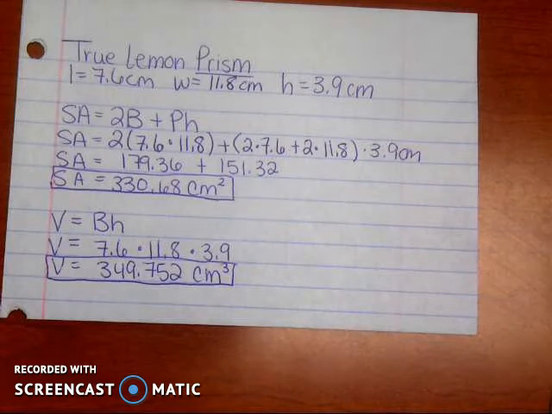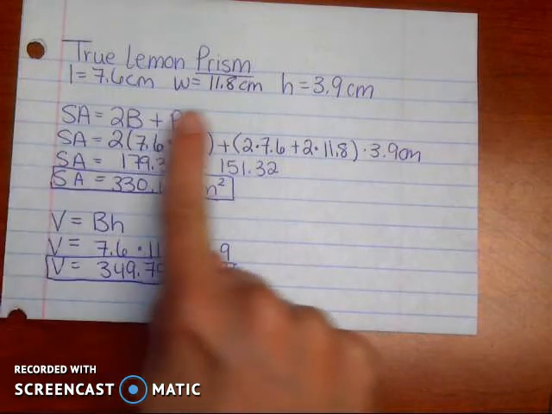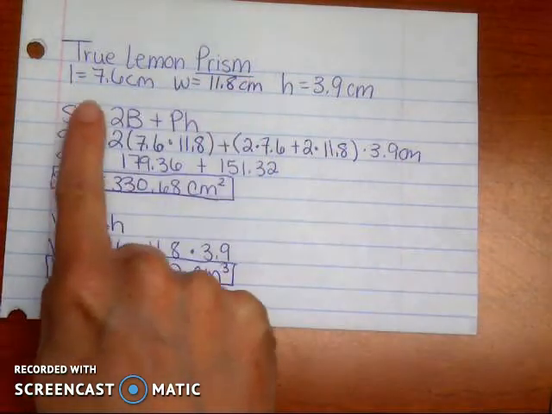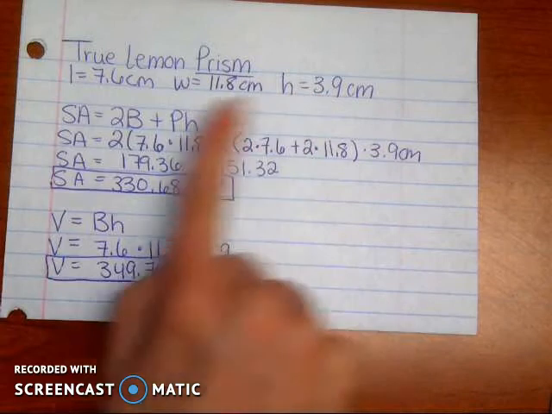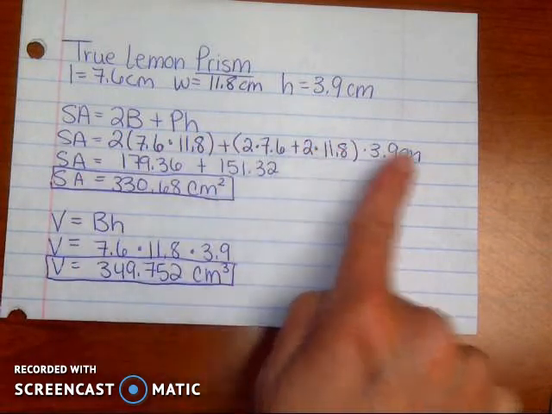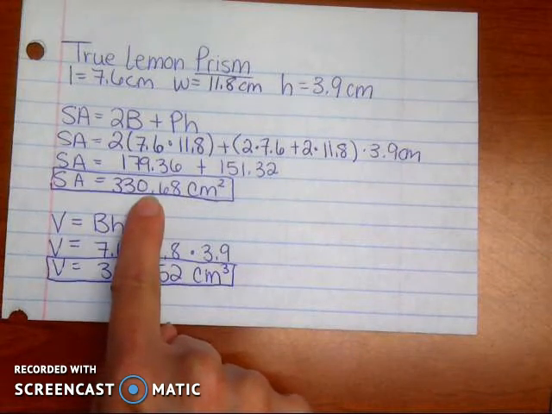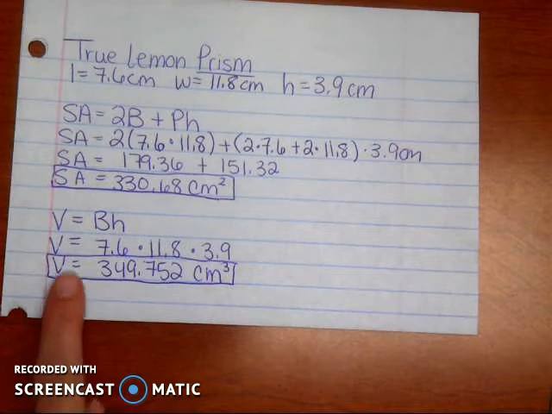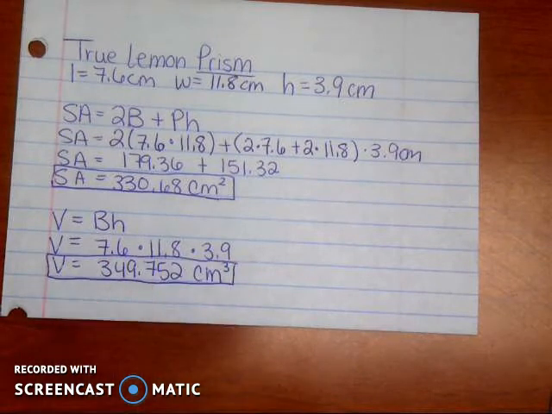Now for your project, this is one way you can show the work. I need the label, I need the dimensions, I need the surface area formula and the calculation with the numbers plugged in and your surface area. With volume, here's the formula, here's the numbers plugged in, and here's the volume.